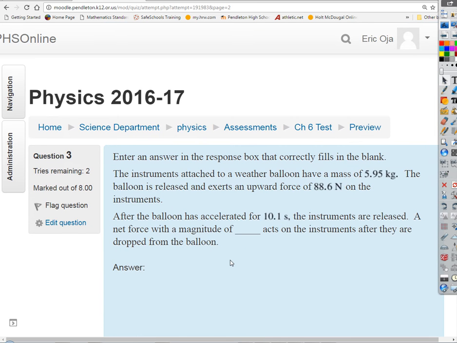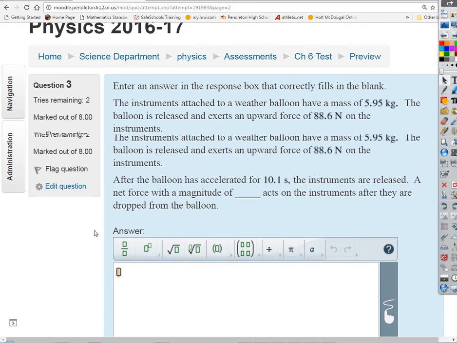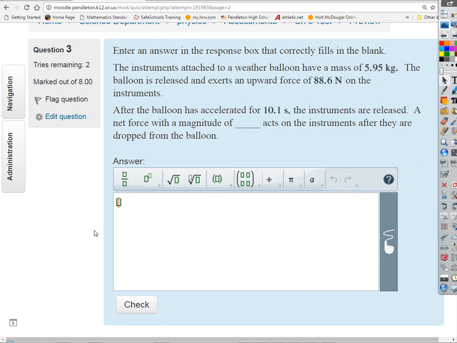Okay, how about these ones? Let's talk about these. We've got instruments attached to a weather balloon. It gives us the mass of the instruments and the buoyant force of the balloon pushing it upwards.